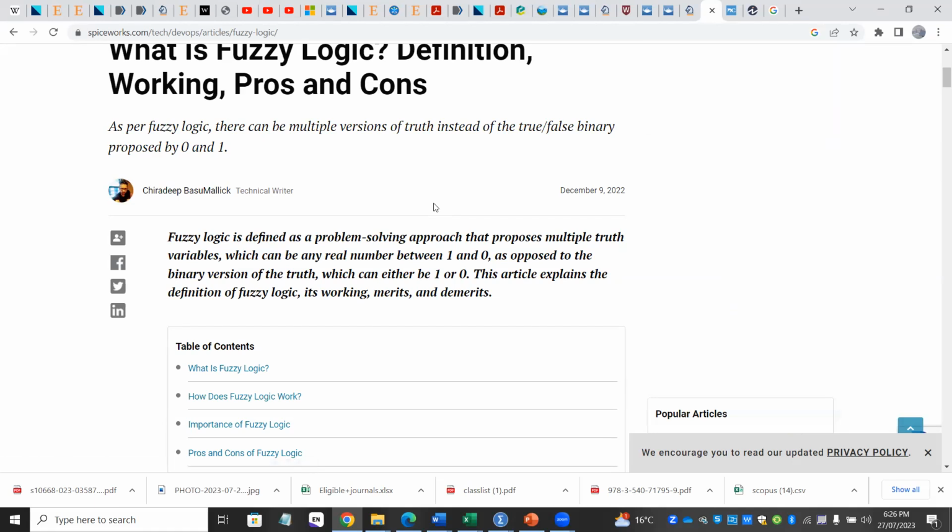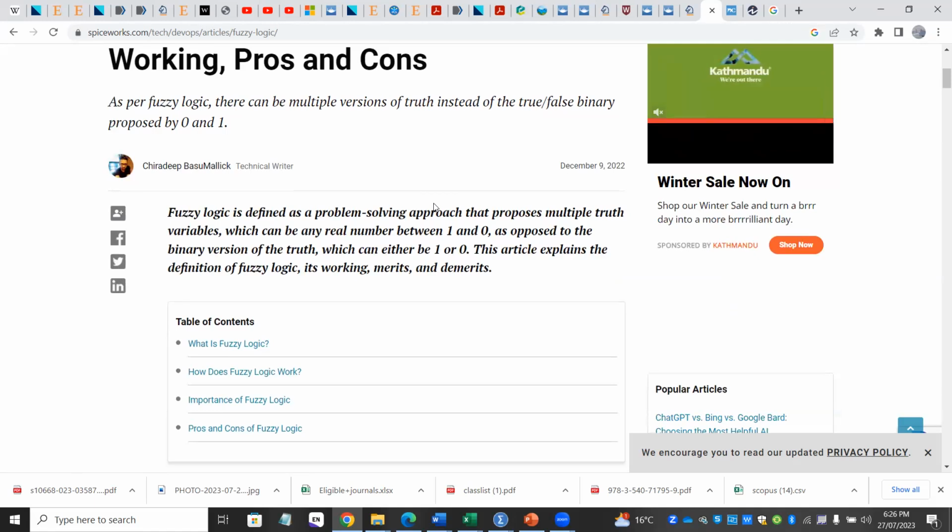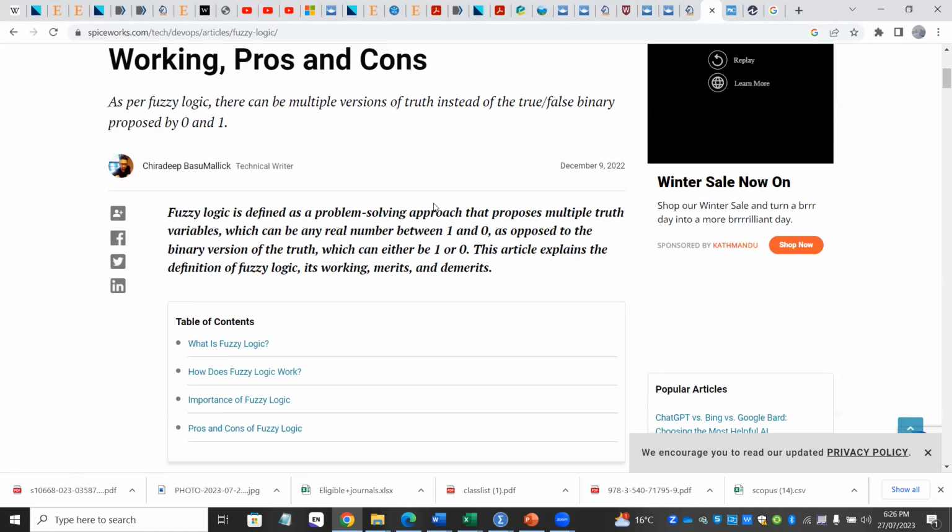Fuzzy logic is like the way we think, the way we go about our things. It's either you are this or that. That's what we know, and that is what has been established over the years.